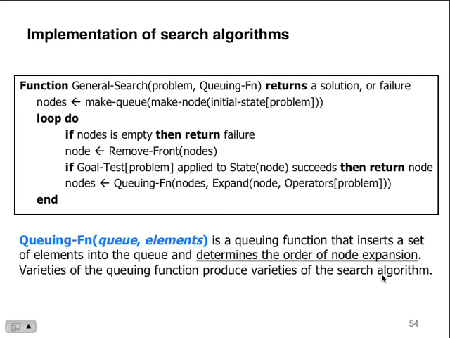In our pseudocode down here, what we're looking at is a queuing function. The queuing function takes a queue and elements that we're trying to find in the queue, and the element is going to be the destination or the goal. As a queuing function, it inserts a set of elements into the queue and determines the order of the node expansion based on the goal. So we have varieties of different queuing functions that produce varieties of different search algorithms.